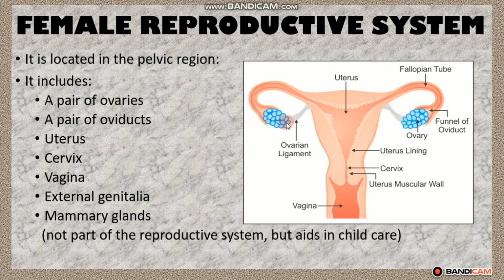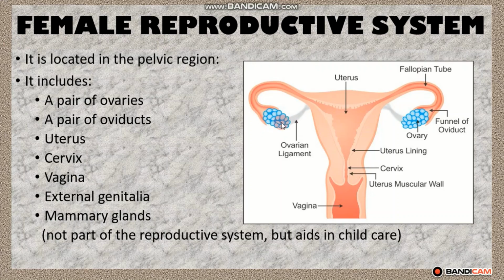Ovary, it is the primary female sex organ. It produces the ovum and other ovarian hormones. It produces the ovum, that's why it is the main organ, because we require gametes for sexual reproduction. So this is the organ that produces the female gamete, which is known as the ovum.